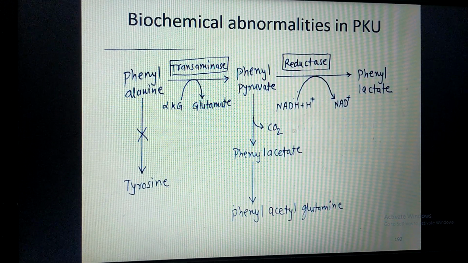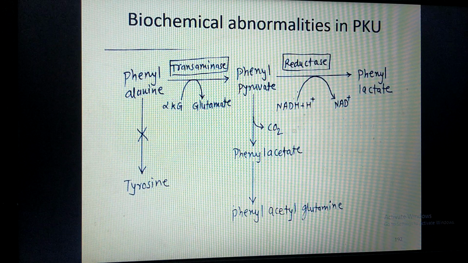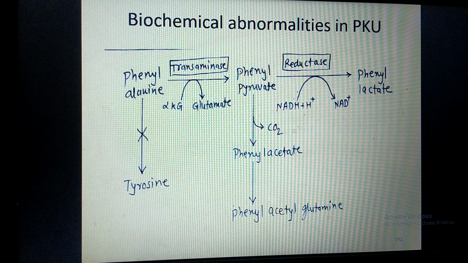Now, when the phenylalanine is not converted to tyrosine, it gets accumulated in the cell. Then it goes into alternate pathways. Phenylalanine undergoes transamination. This pathway already exists in the cell, but when the pathway of phenylalanine to tyrosine is functioning, this is a minor pathway.